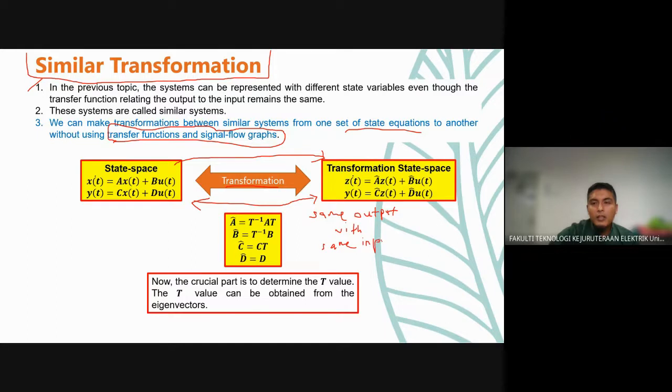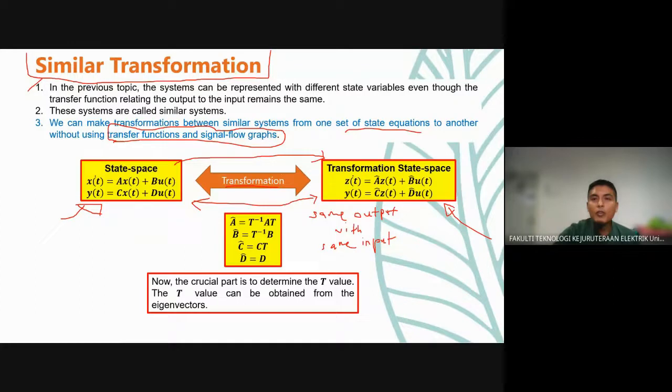So it means that if you simulate this state space and you simulate that state space using MATLAB, you will get the same answer, same output. Okay, so this is what we call a transformation. Only the form is different, however the system itself is everything the same.